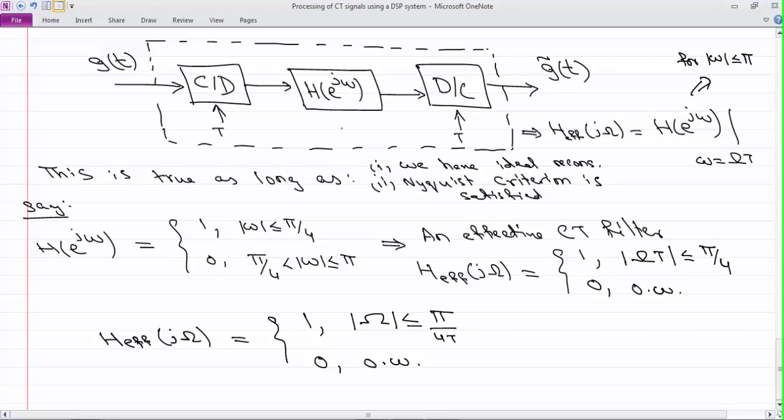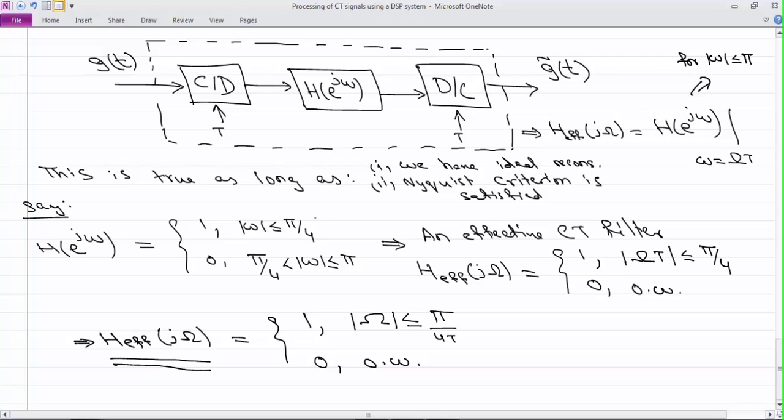So if I have a low pass filter in the discrete domain, what is the effective action of this in the continuous domain? What kind of a filter is this? So the effective action of a discrete time low pass filter is a continuous time low pass filter. But what is the difference?